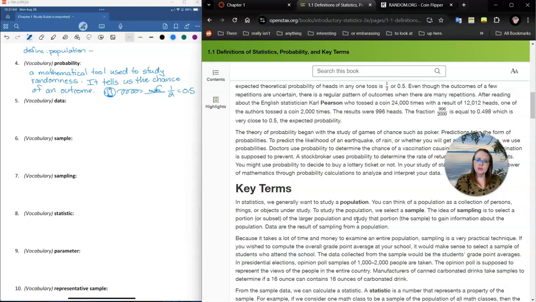Or maybe I just want to look at the population of a single state. Or maybe I want to look at all of the people under a certain age in the US. That becomes a population. Whatever I'm studying, that's the population. So the group or collection we want to study.